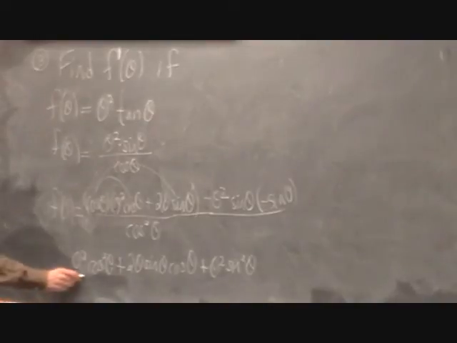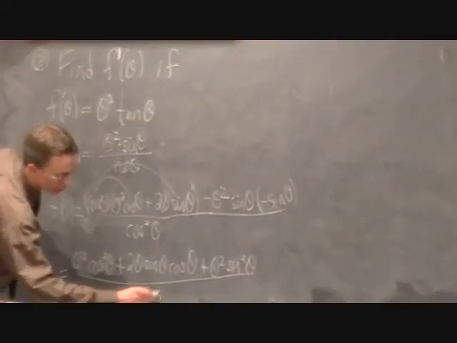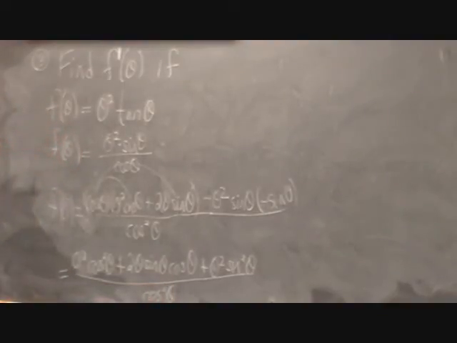And the whole ugly thing is over cosine squared. As far as reducing that, I don't think it's going to really reduce. So we're done? Yeah, there's probably some wild trig property that we've all forgotten about that'll reduce it.